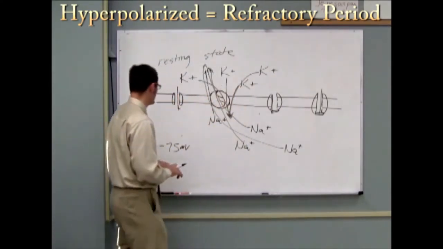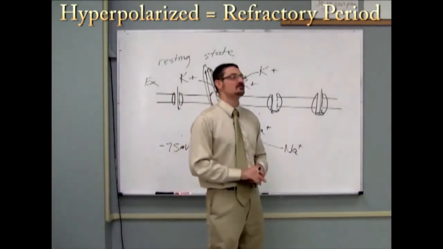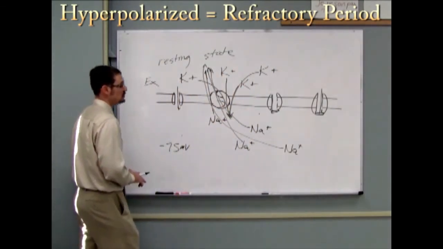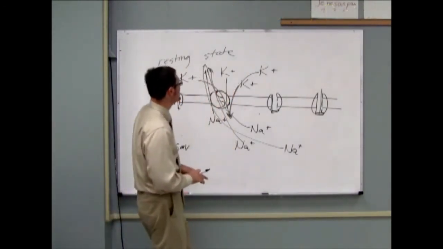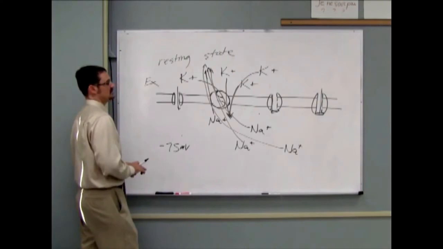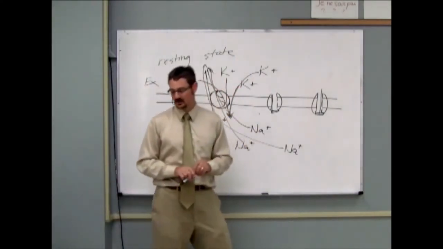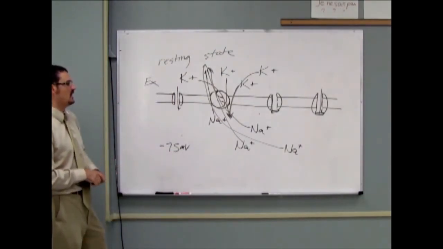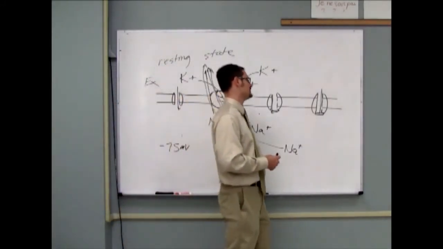We call this the refractory period. In fact, the refractory period begins as soon as the potassium begins to exit the neuron. And this is a period where the neuron is rendered inactive. An action potential is not able to be fired.